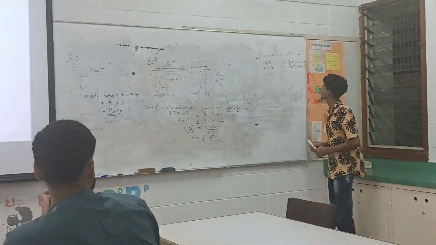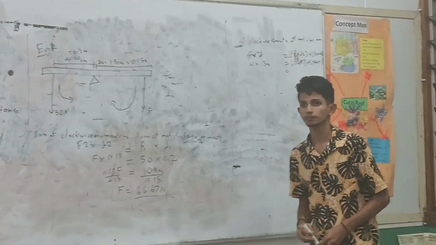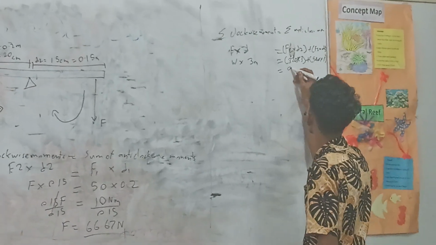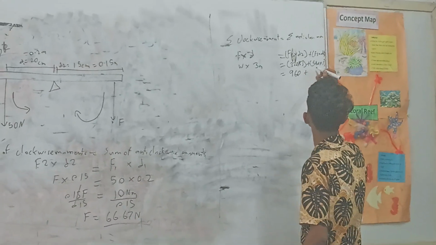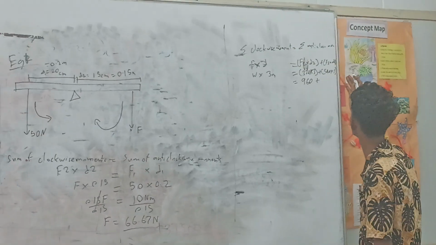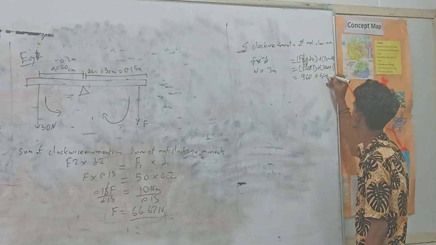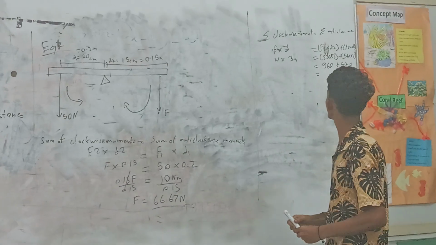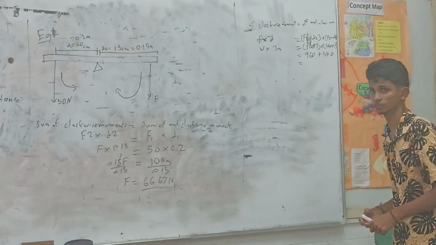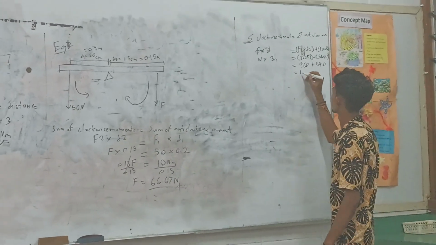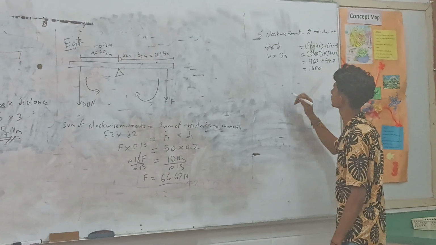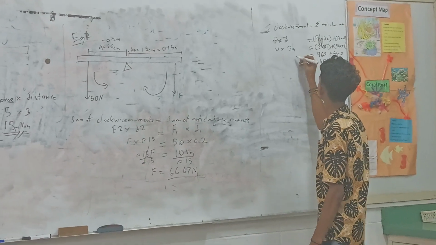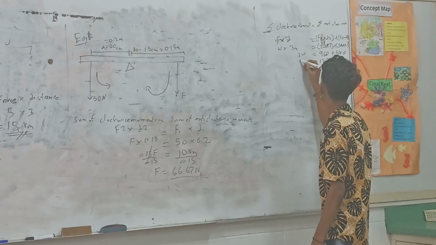So can anybody do 320 times 3? What's the answer? 960. 960 plus this one, 540 times 1, which is 540. Now you add this. 960 plus 540? 1500. Okay. So on the left hand side, you can see W times 3, which is 3W. 3W equals 1500.